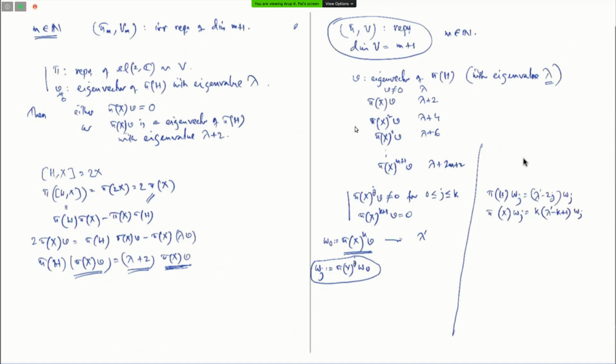But verify it, so that if I'm making any mistake, you can detect that.